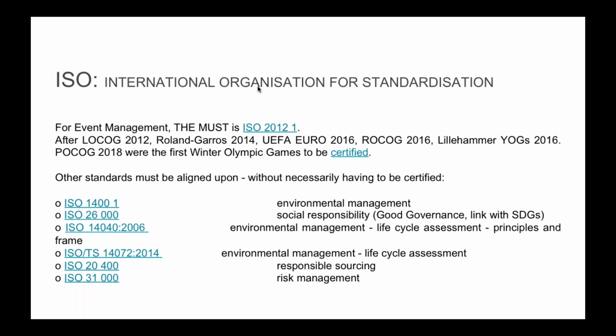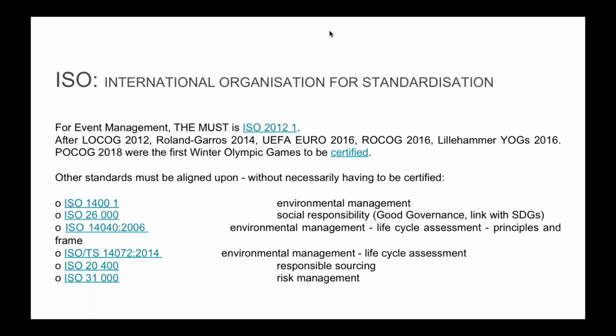One I follow quite closely is ISO 26000, which is certification in good governance, and also now having a link directly with the SDGs. If you want to perform a life cycle assessment, then there are standards as well out there to comply.